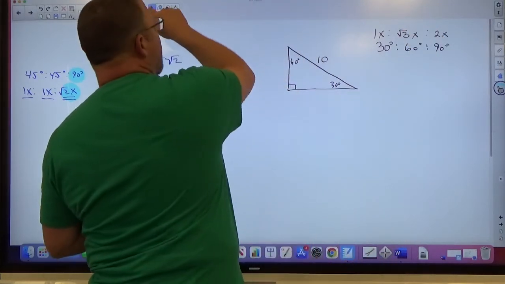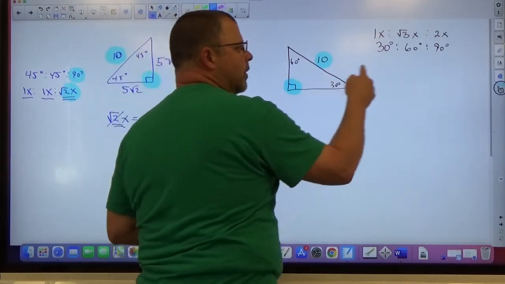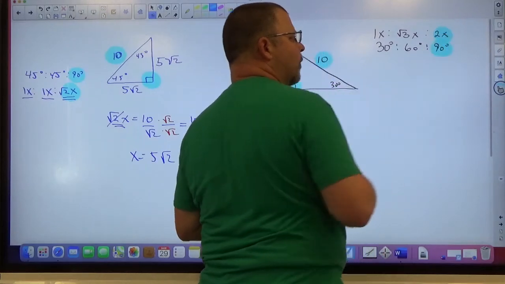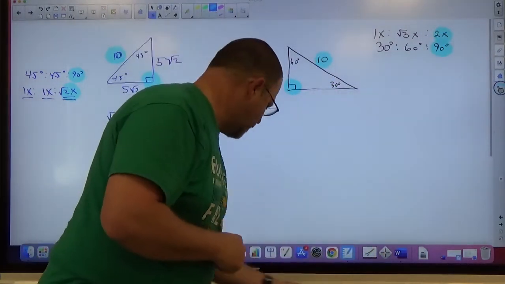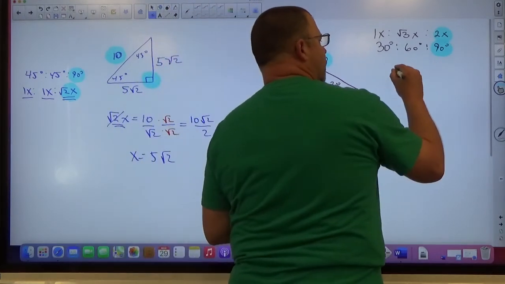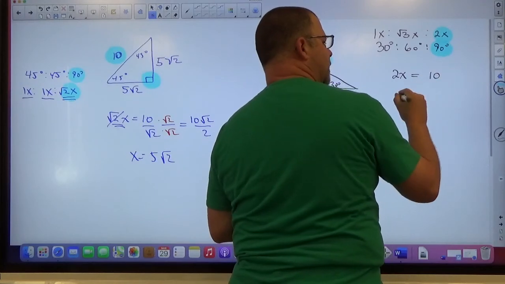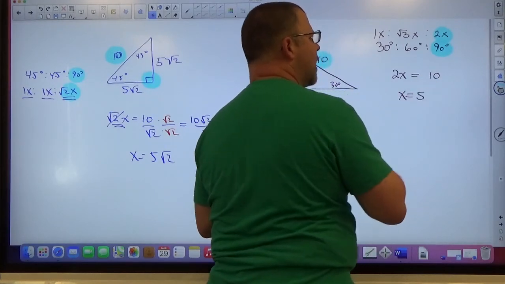So once again, what do we know? We know 10, which is opposite the 90-degree angle, and the 90-degree angle in the ratio is 2x. So once again, I'm just going to write down what I see, which is the ratio object 2x equals the actual number 10. Divide both sides by 2, x equals 5.